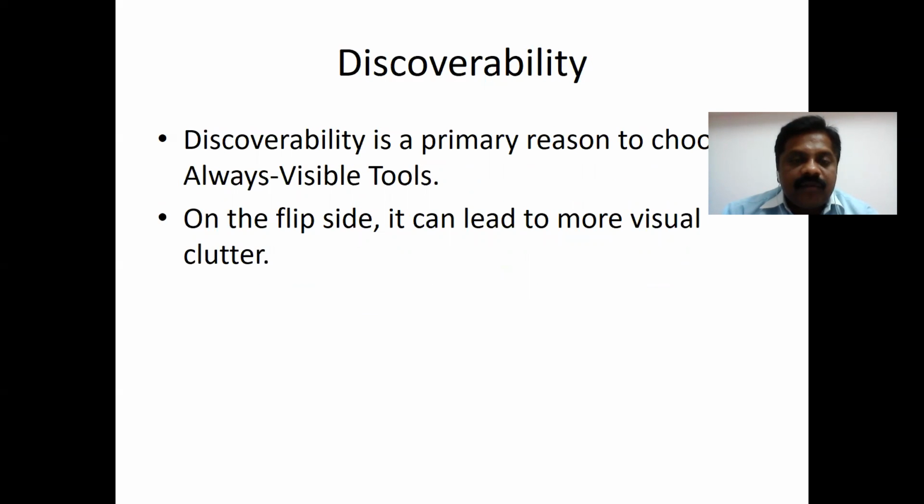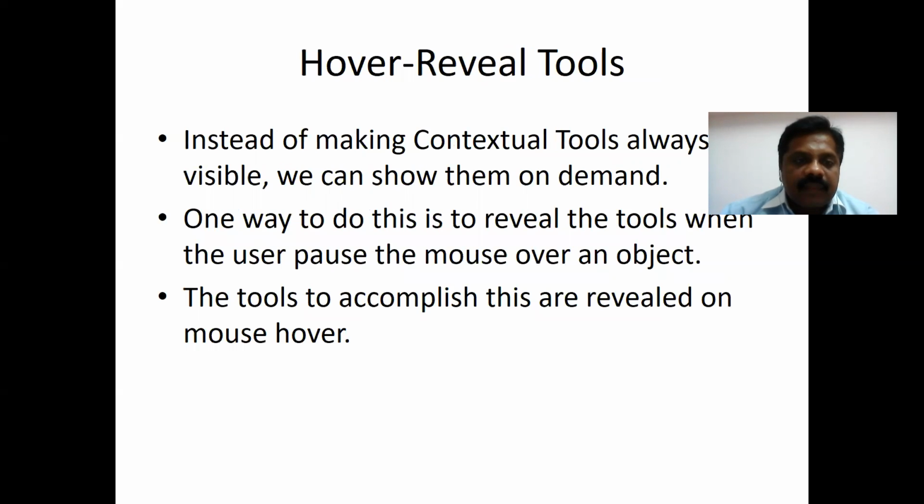Discoverability is a primary reason to choose always visible tools. On the flip side, it can lead to more visible clutter. Hover reveal tools: instead of making contextual tools always visible, we can show them on demand.